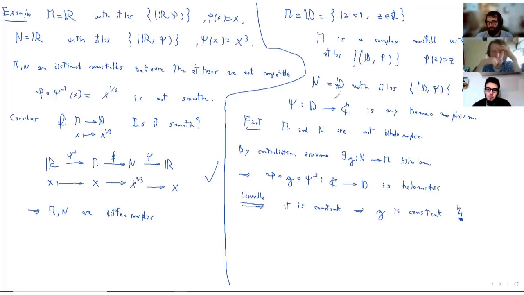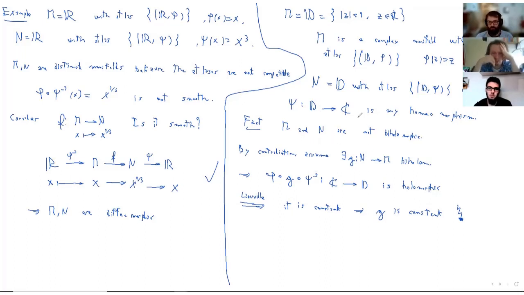Okay, so the point is that we have these two manifolds, which are really different manifolds from a complex point of view. They're really not the same. On one of them, we put this standard chart, which is just the identity. And on the other one, we put this very topological chart, which kind of forgets that this is a complex disk. It just treats it as R2.